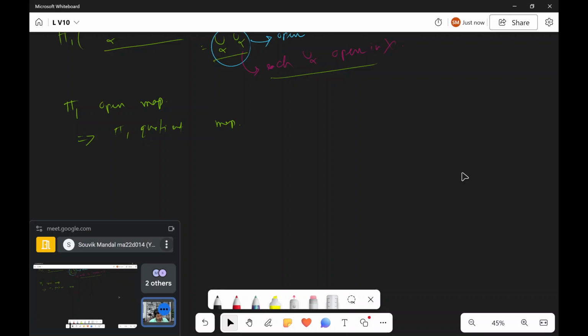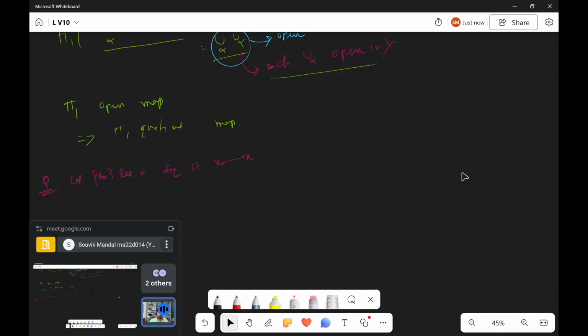Okay, the next question is, now let's start some questions on compactness. Let x_n be a sequence such that x_n goes to x.